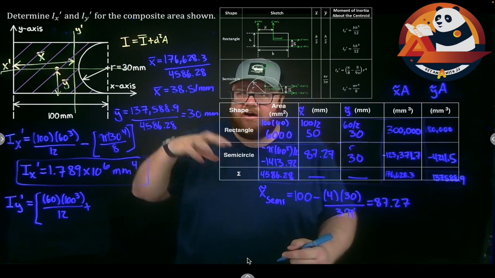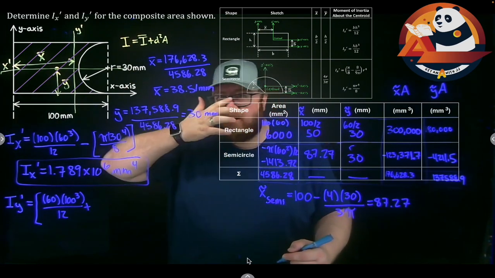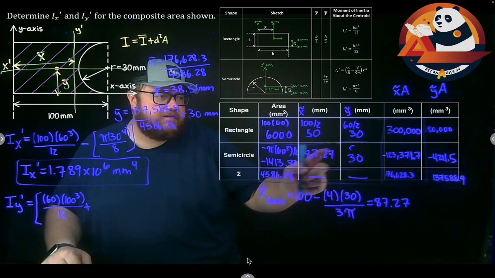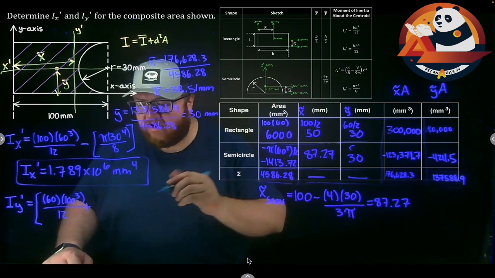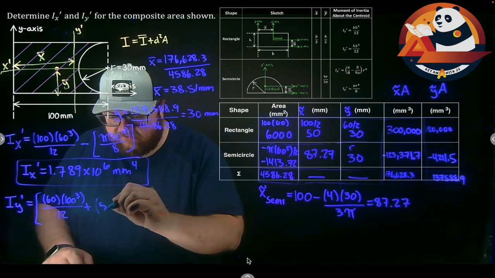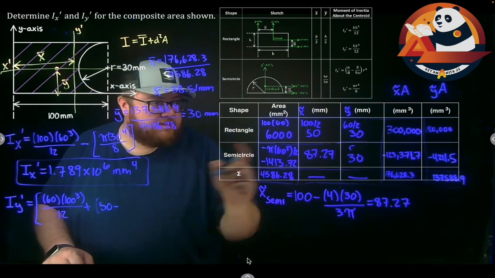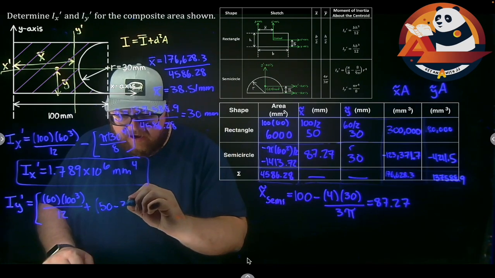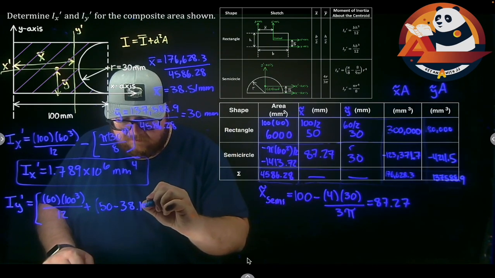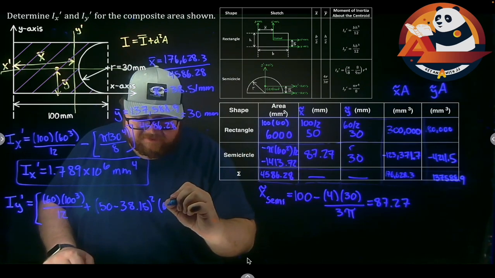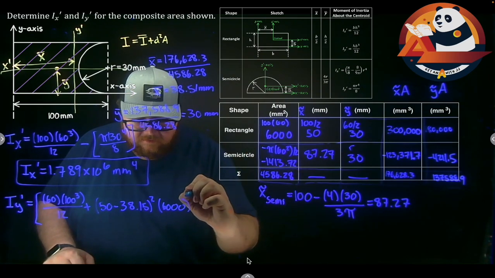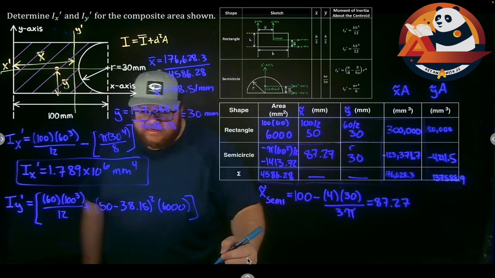I would do this so that it always shows up as a positive in my calculator. It just avoids weird sign errors. So we'll do 50, x tilde, minus x bar. So plus 50 minus 38.15 squared times my area, 6,000.